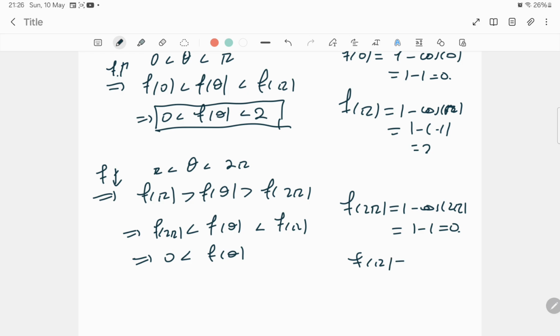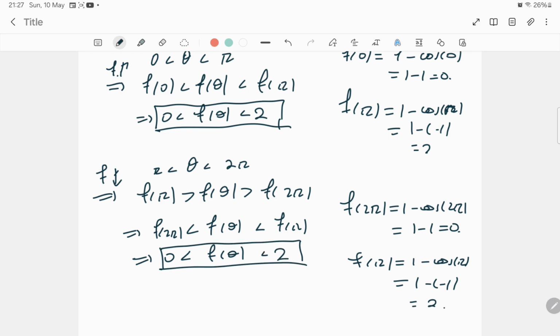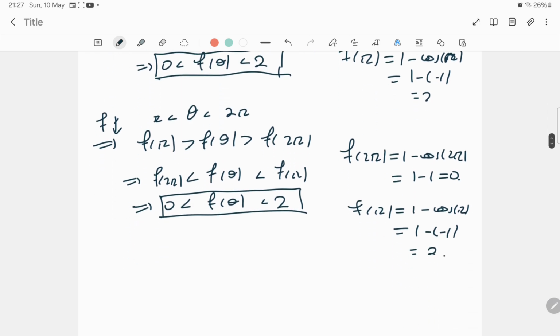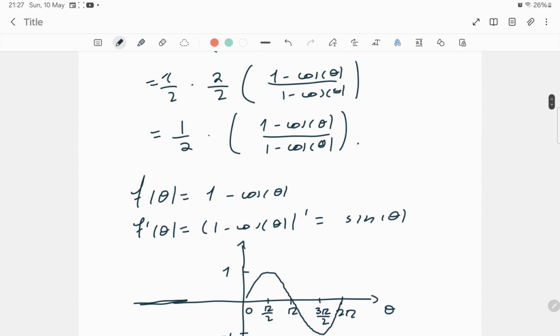And f of pi is 1 minus cos pi, and that's going to be 2. So my function is between 0 and 2, it is a positive function.